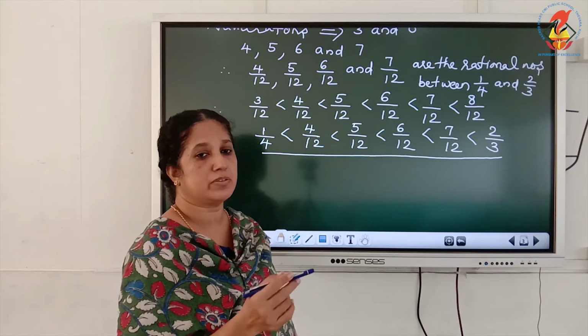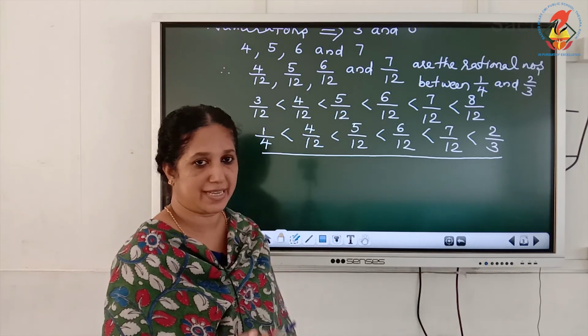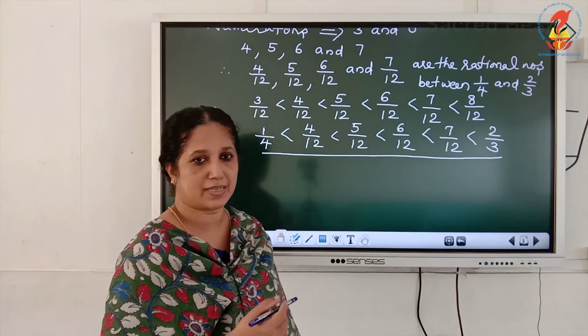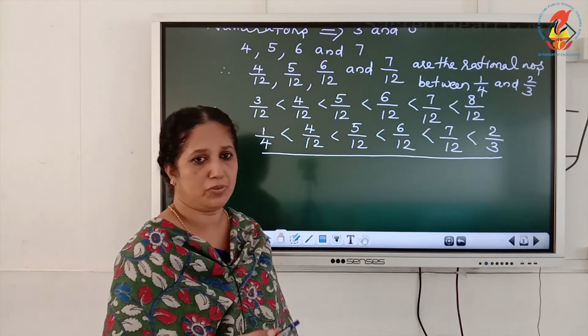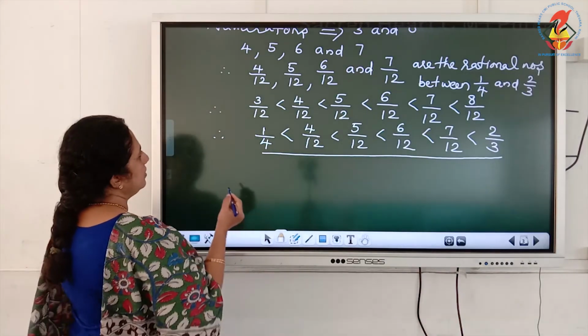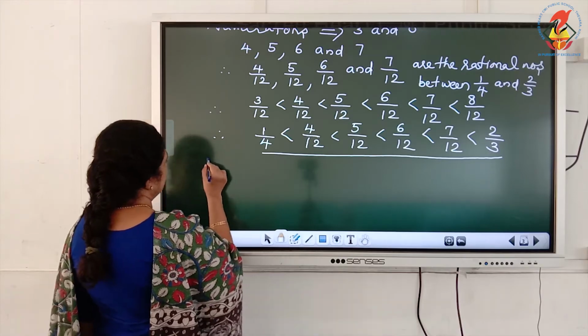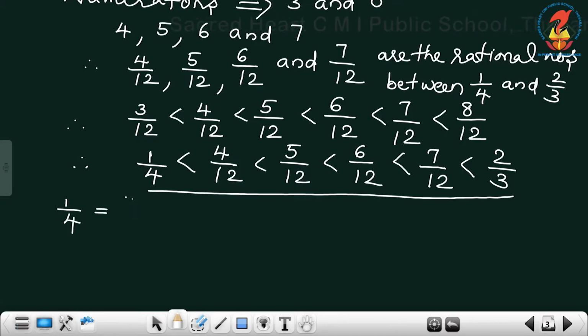Suppose we want to find more rational numbers, for example 10 rational numbers or 20 rational numbers. So how will you find them? We know that for 1 by 4, the corresponding equivalent rational number is 3 by 12, and for 2 by 3 it is 8 by 12.